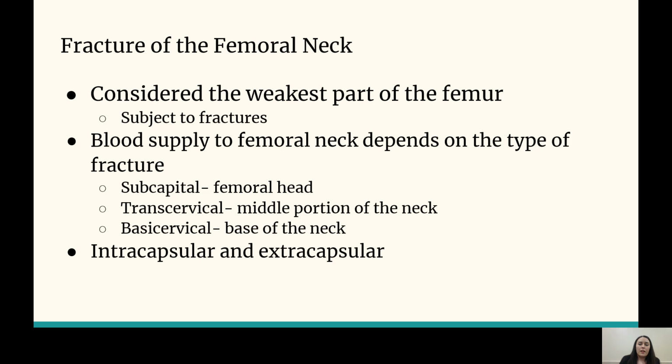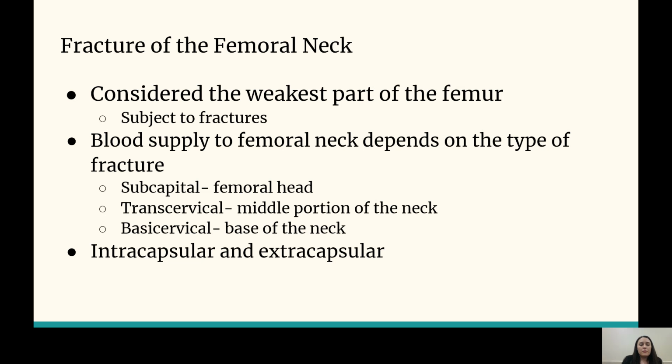There's a subcapital, which is a fracture to the femoral head or the neck joint. There's a transcervical fracture, which is a fracture to the middle portion of the neck. And then there's a basicervical fracture, which is a fracture to the base of the femoral neck.